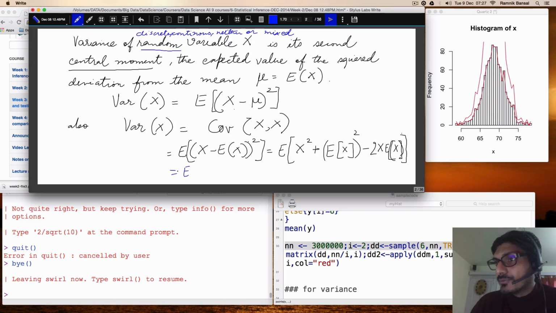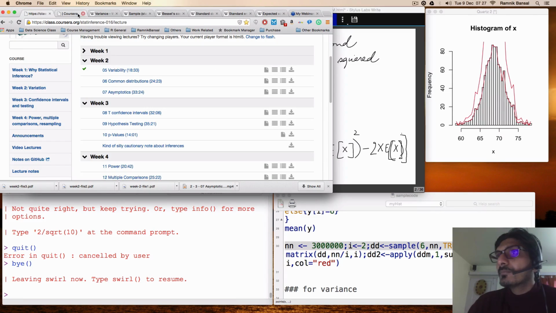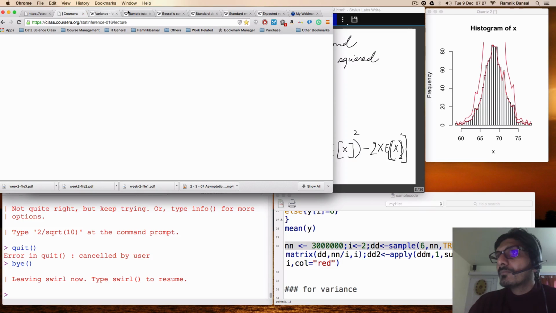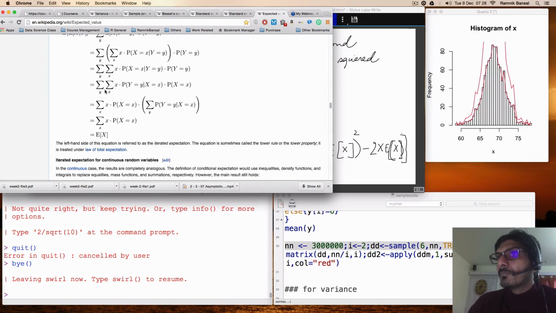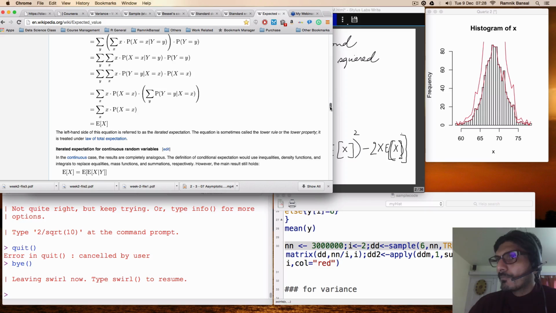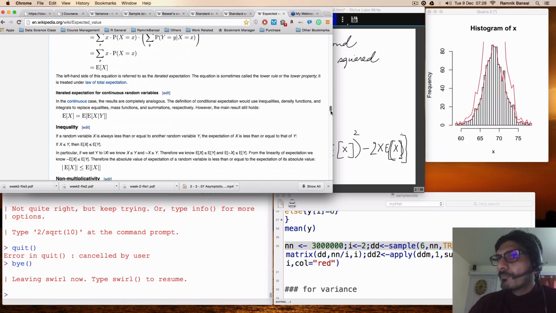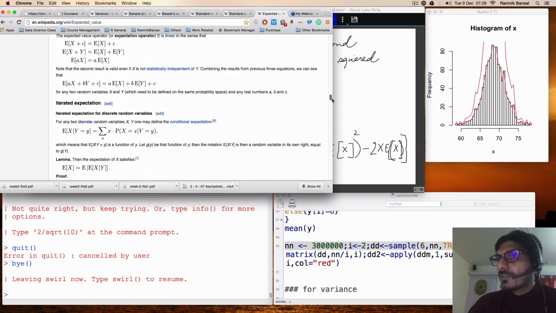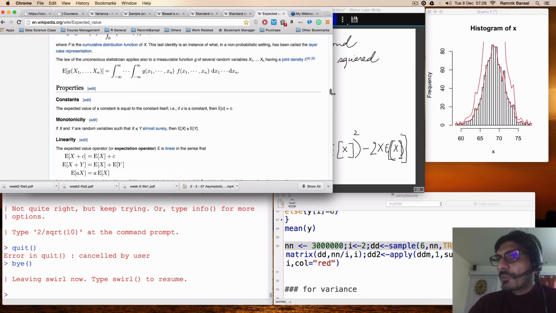expected value, or let me just show it to you in Google on Wikipedia. Okay, so what are the properties?